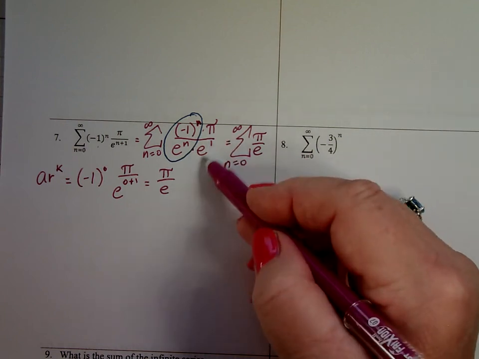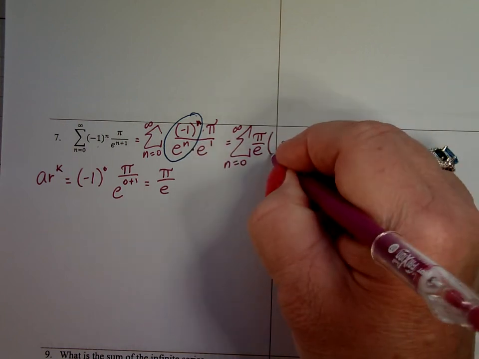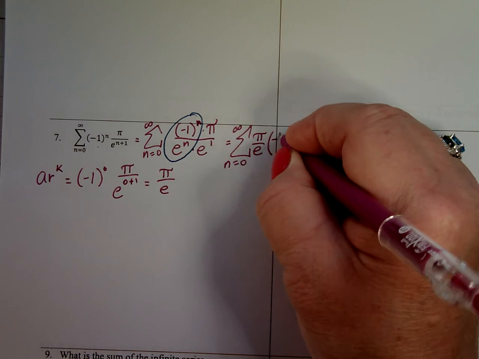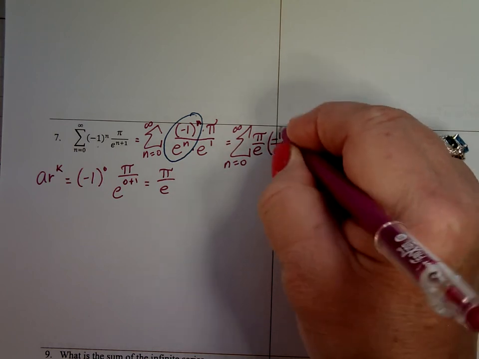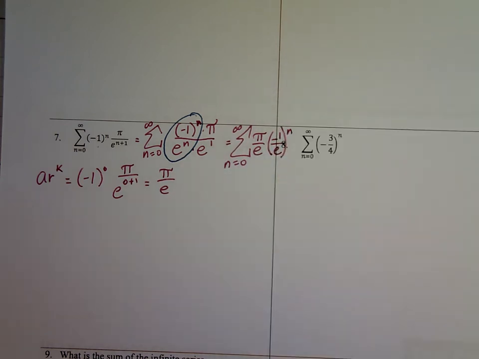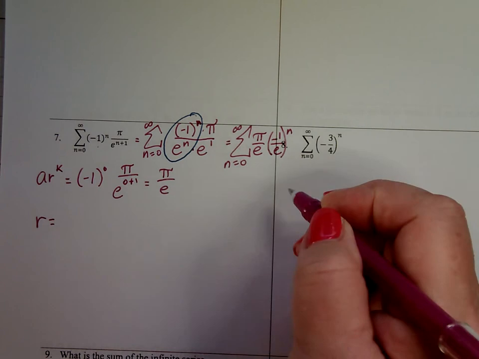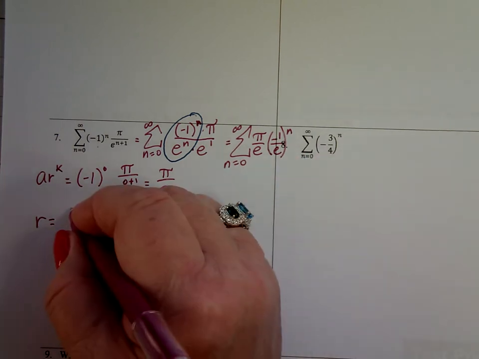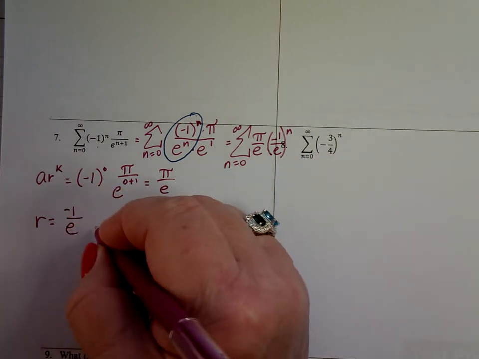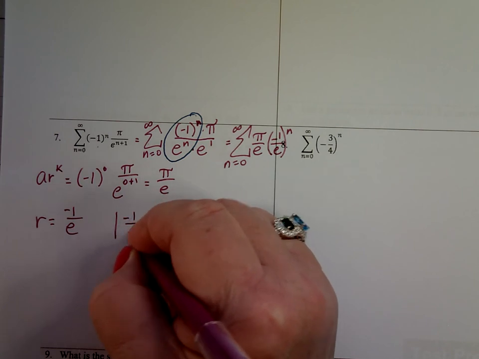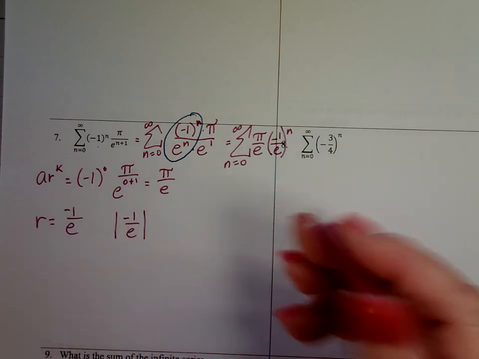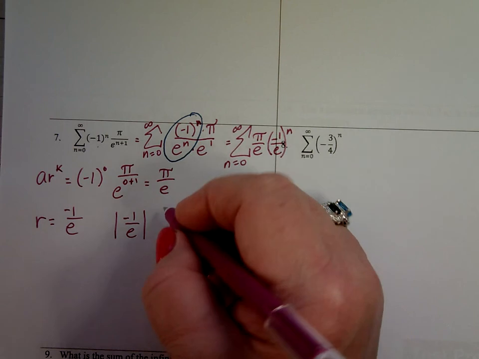And then you're going to have a ratio that is 1, actually -1, over e being raised to the nth power. So you see how I've manipulated that to an ar^k kind of situation, which tells me that r is -1 over e. Well, -1 over e, if I take the absolute value of that, is that greater than 1 or smaller than 1? And we can see obviously it's smaller than 1, so I know it's converging.